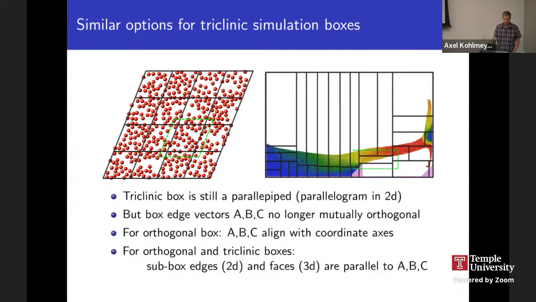So that works both for the orthogonal case and the triclinic case. But bottom line, the NPT algorithm converts the positions to fractional coordinates. Yep. Then it changes the box and then it goes back.